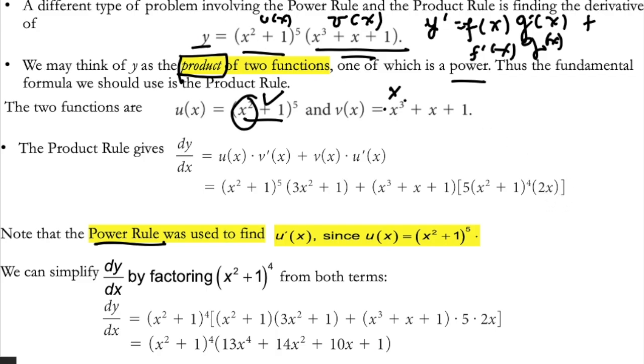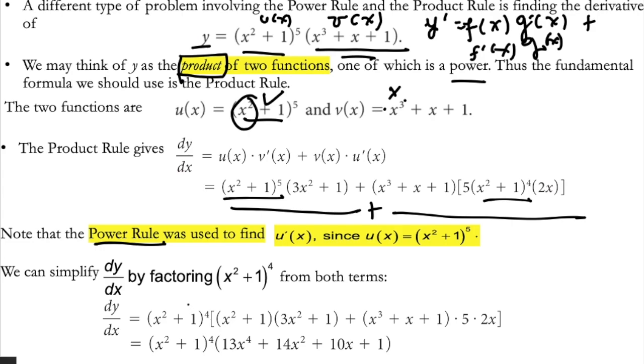So we can simplify this answer further, because we have a common factor, and that common factor is actually (x squared plus 1) to the power of 4. If you see this, the highest factor is 4, isn't it? So here you can factorize both of them, this one plus this one, and you'll get something like this.